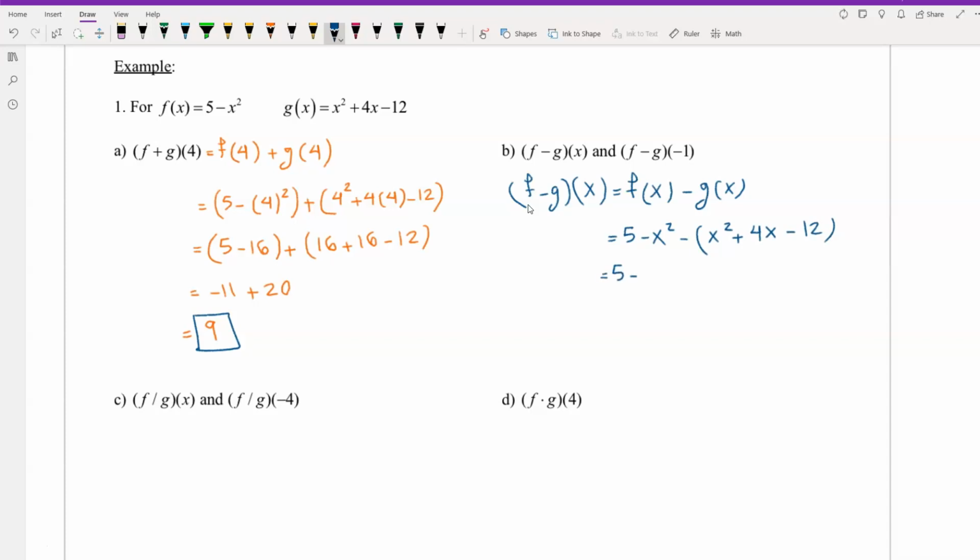Use the distributive property and multiply negative by x squared, negative times 4x, negative times negative 12.